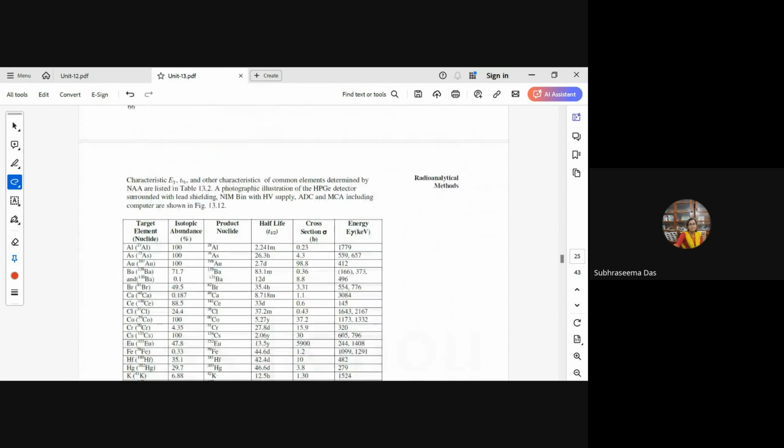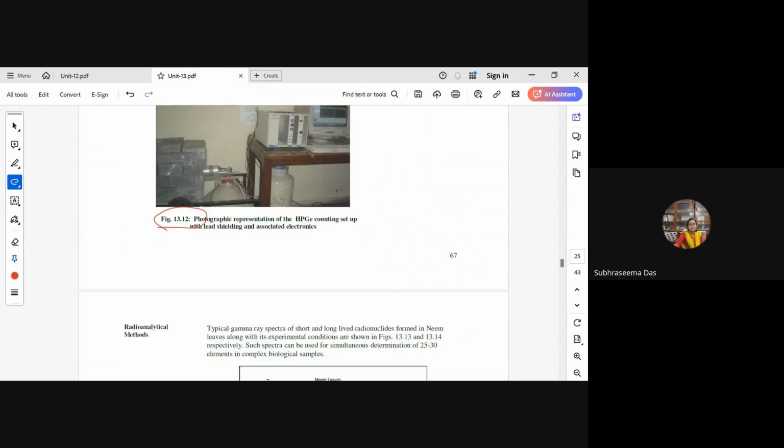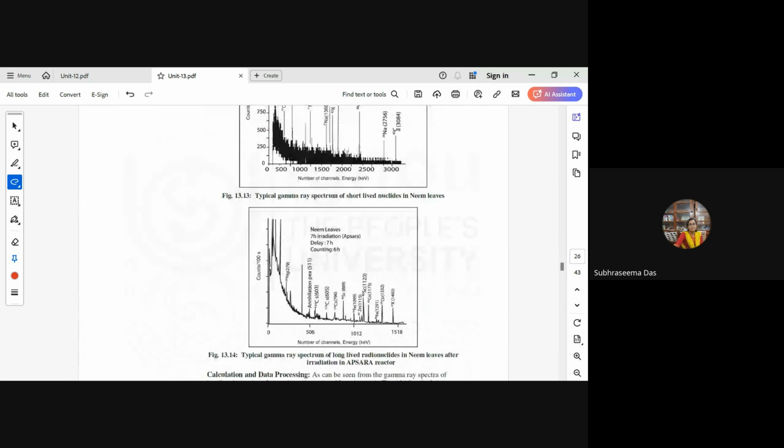The characteristics E gamma, T half, and others studied by NAA are shown in table 13.2. Figure 13.12 shows a photographic representation of an HPGe detector used in a laboratory. Figures 13.13 and 13.14 show the typical gamma ray spectrum of the radionuclides present in neem leaves.